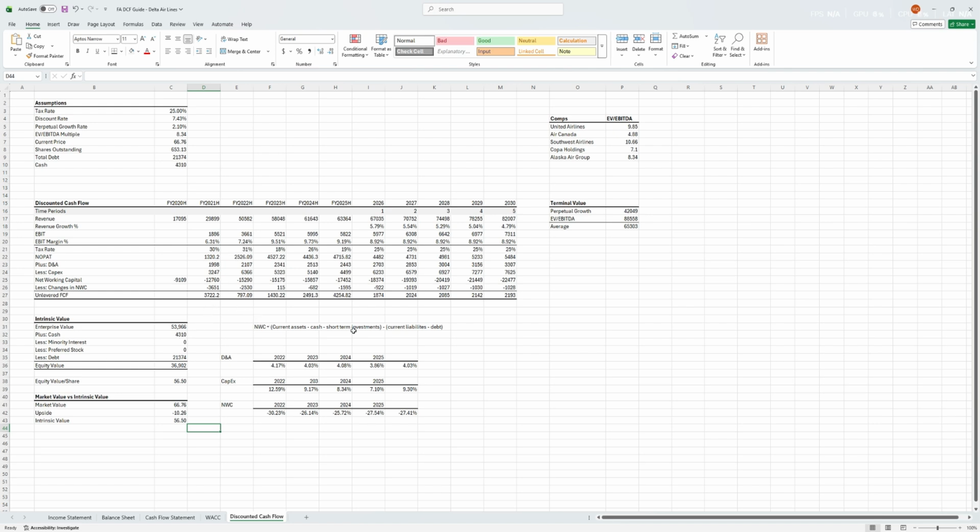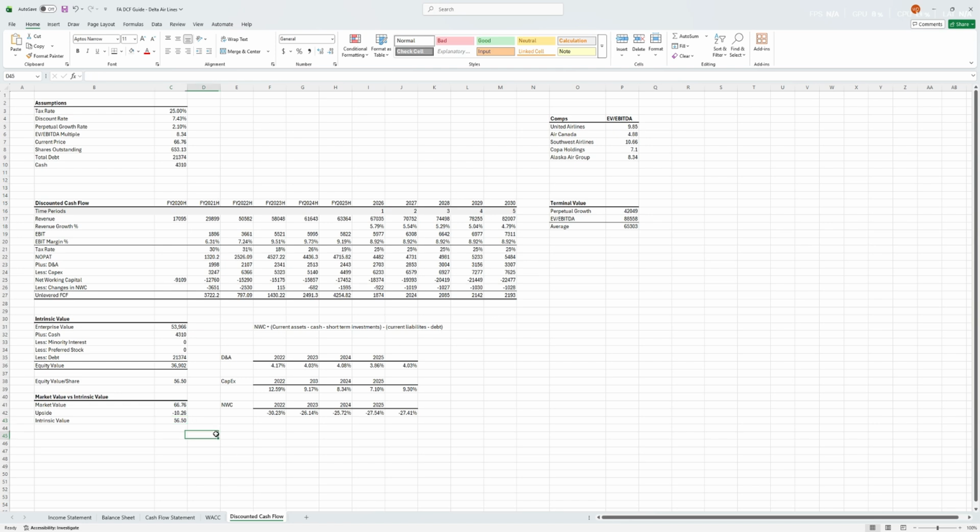Now, there are always going to be more factors than just the discounted cash flow intrinsic value for basing your share price, but it's kind of a good starting point to base what your target price may be for your company. Take this figure with a grain of salt. I think this is a little bit more bearish than what a normal discounted cash flow would be for Delta, just because of my simple projections in this scenario.